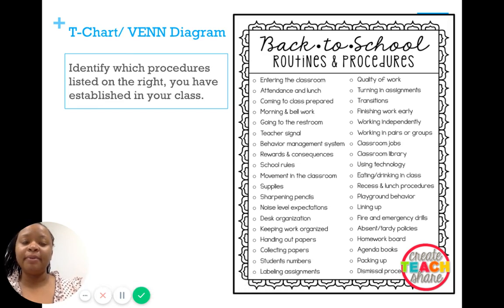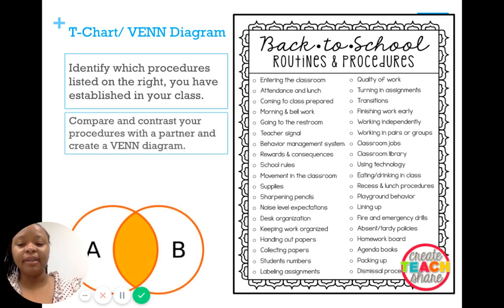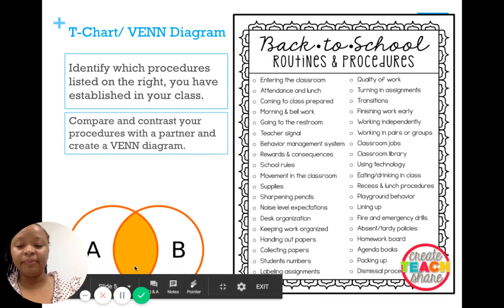Now, ideally, what would happen here is in the training at the school we did, we had you pair up with someone else who did the same thing, who had the same procedure. And you will look at all the things that you have established and you create a Venn diagram. So in the center of the diagram, you put all the things that you guys had in common, all the procedures you had in common.